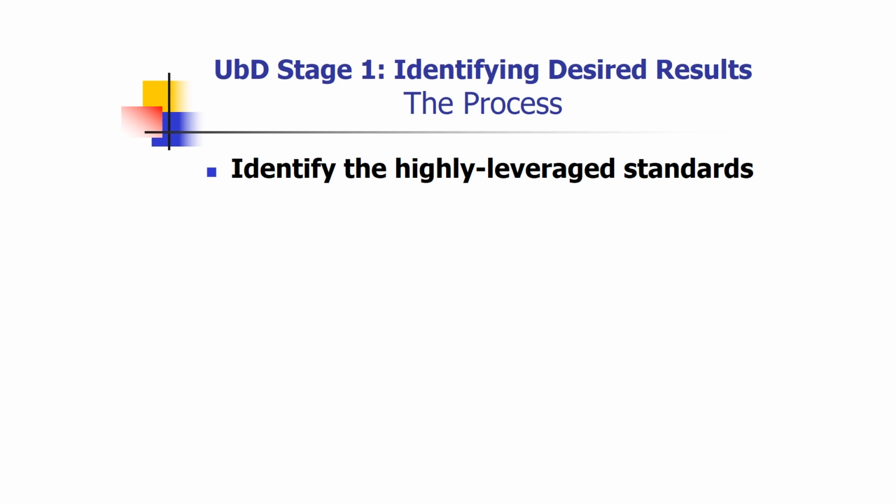Stage 1 is all about deciding what it is we want our students to know, do, and understand. The first thing to be done is to identify the highly leveraged standards that will be focused on in this unit.